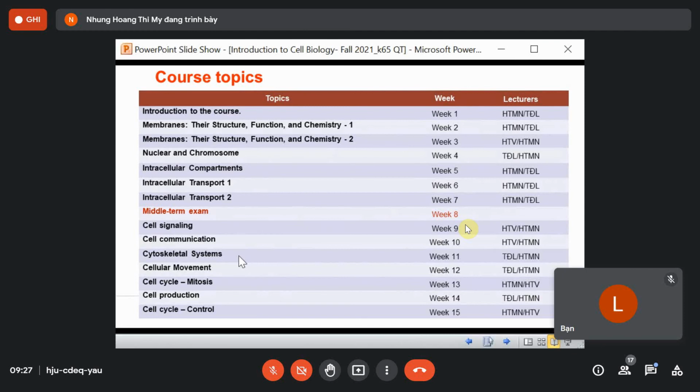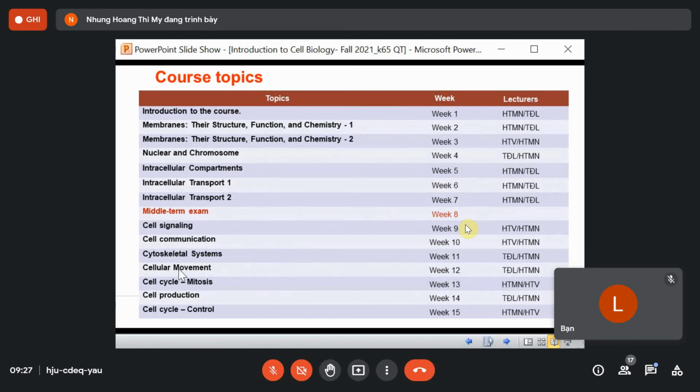So these are the three main types of filament that build up the cytoskeleton system in the cell. Also, you will understand about other proteins that can interact with the cytoskeleton system and control its work.